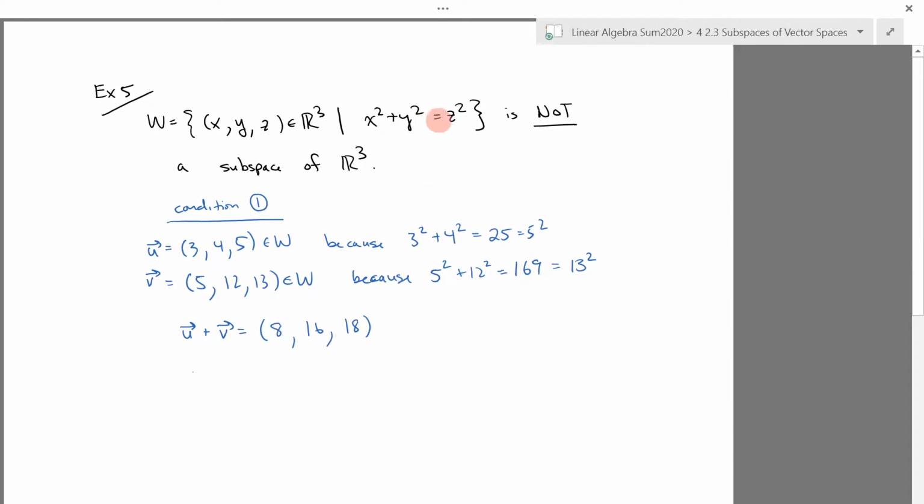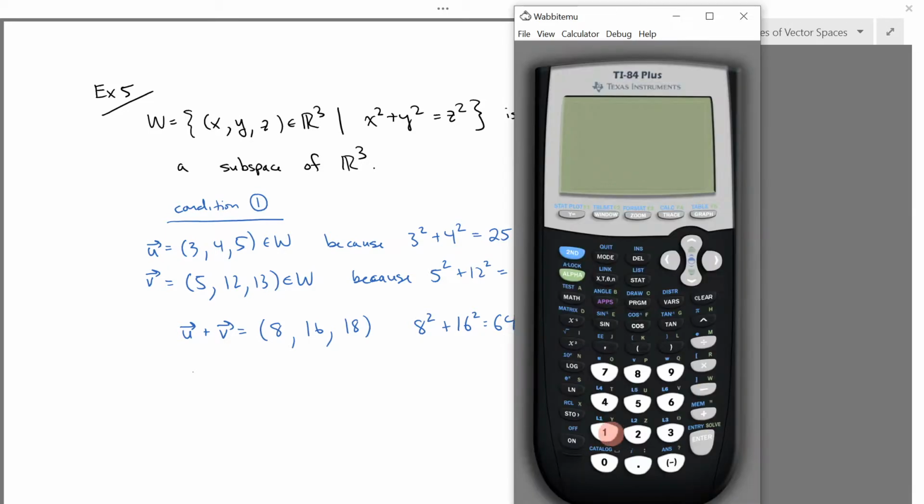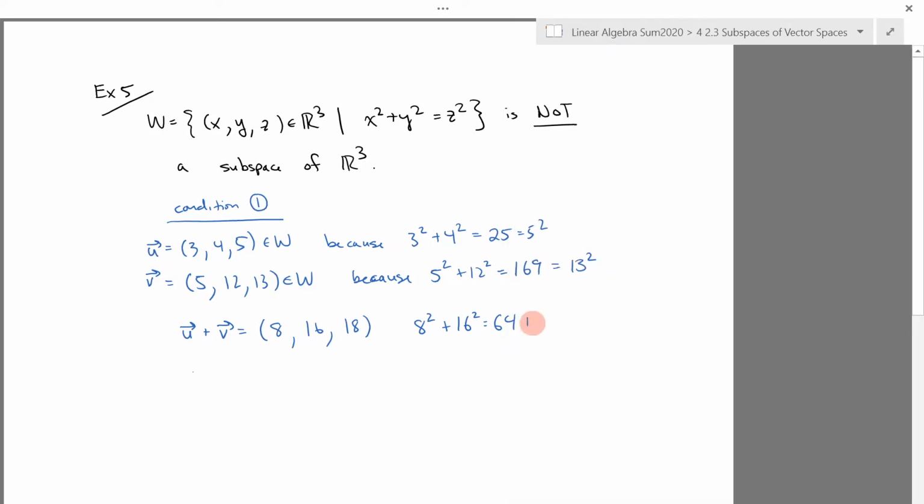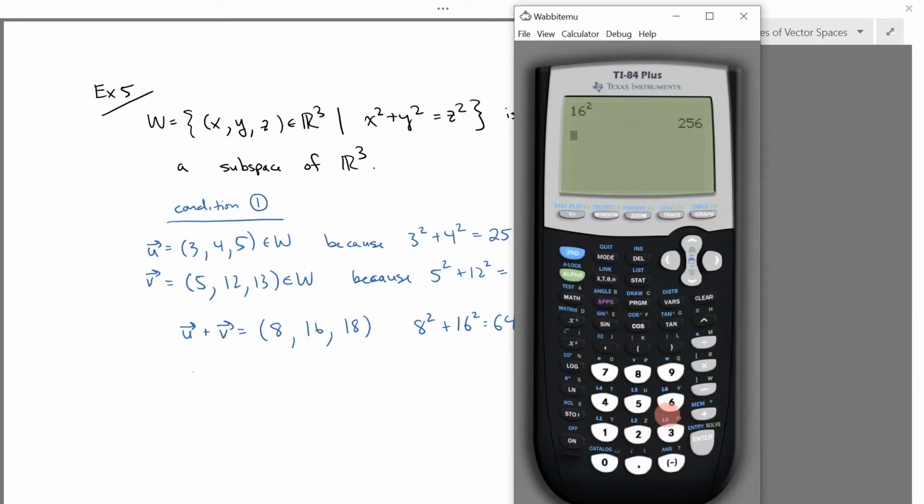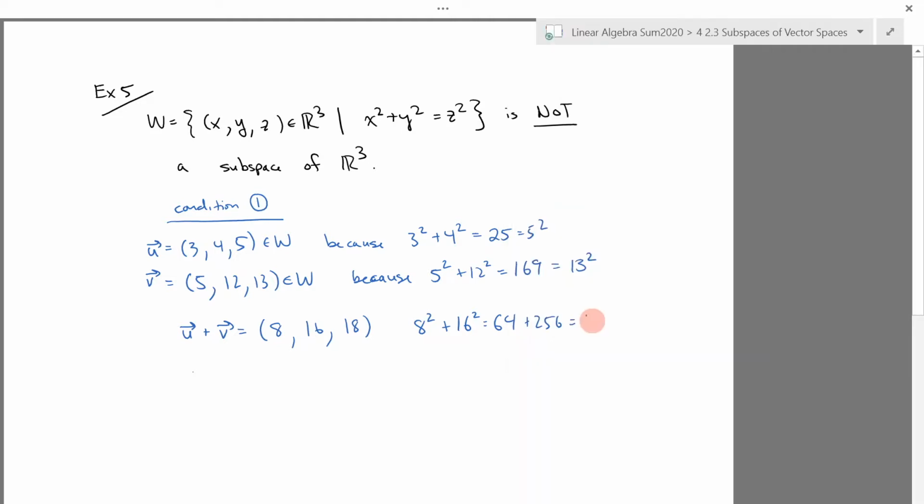Now we have to check this equation for this point. So we check 8 squared plus 16 squared. 8 squared is 64, and 16 squared is 256. 64 plus 256 is 320.